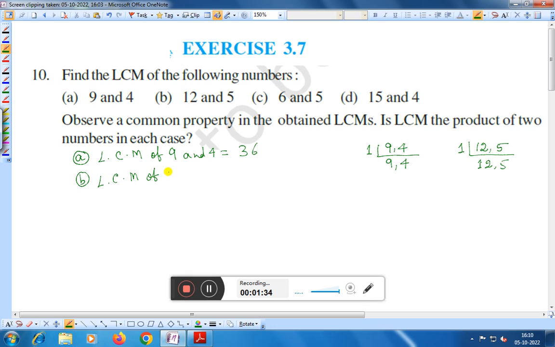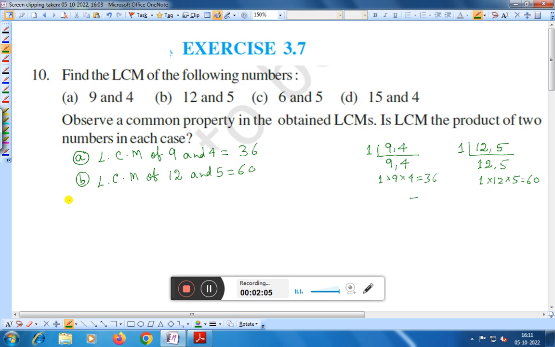Here we got 1 into 9 into 4, that is 36, in the first case and 60 in the second case.